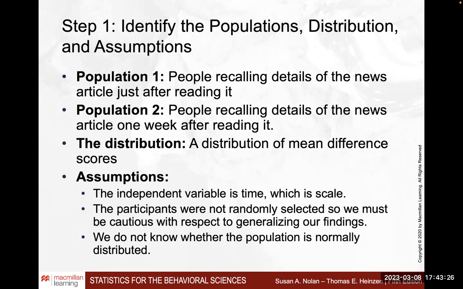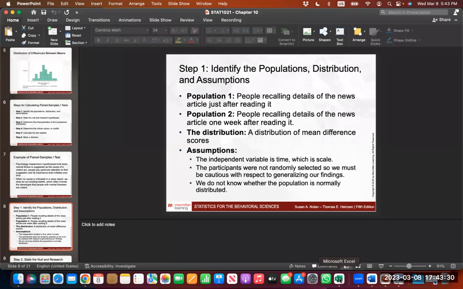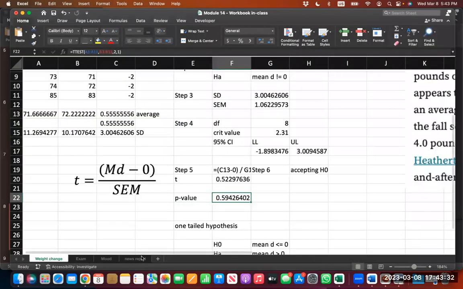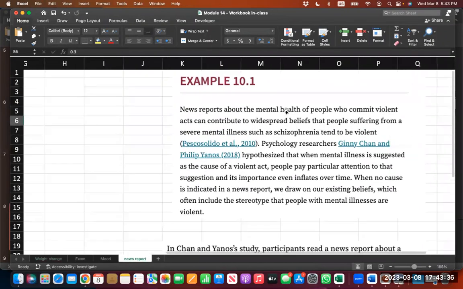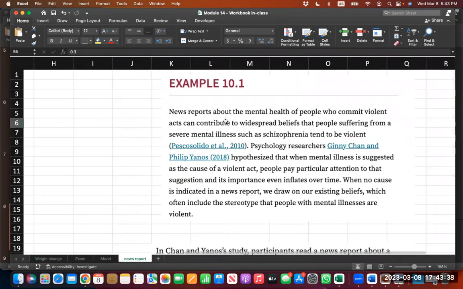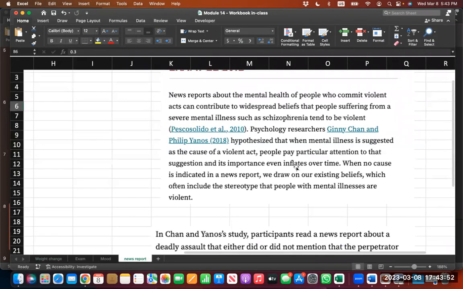We'll see the exact example, what they are actually saying at the end. This report, a news report about the mental health of people who commit violent acts, can contribute to widespread beliefs that people suffering from a severe mental illness, such as schizophrenia, tend to be violent. So there's a prejudice towards people with schizophrenia, and it's assumed that they're more likely to be violent.